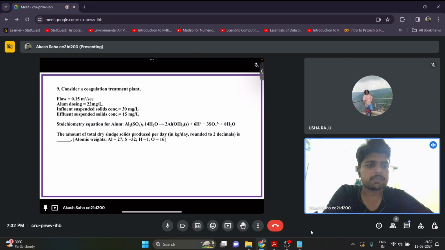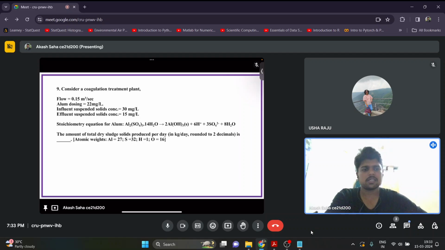Now, when alum is mixed with water, the stoichiometric equation is also given. Al2(SO4)3·14H2O gives 2Al(OH)3 plus 6H+ plus 3SO4 2- plus 8H2O. So we have to find out the amount of total dry sludge solids produced per day.